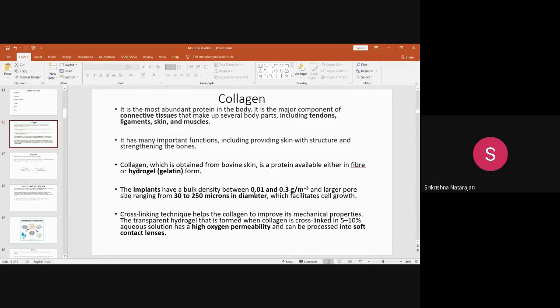Whenever it is used as a suture, or as an implant for making tissues grow, whether as a vascular graft or as a ligament, collagen is very advantageous because of the higher porosity and the bulk density.